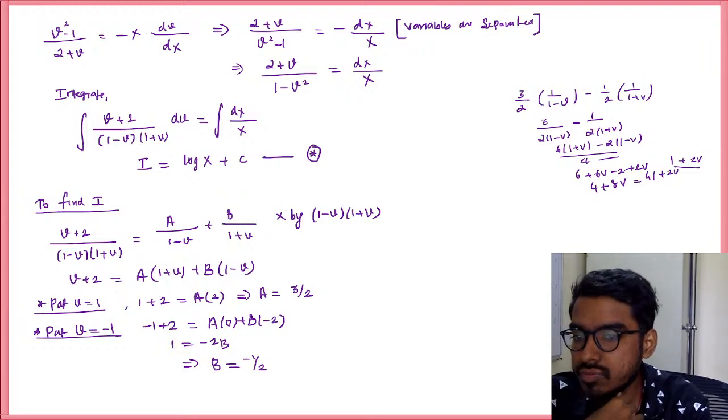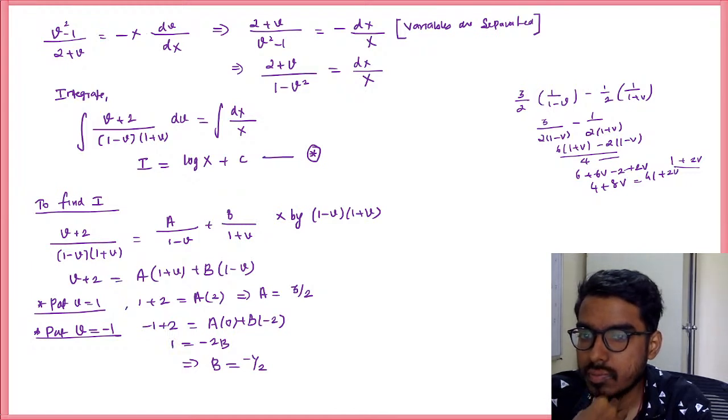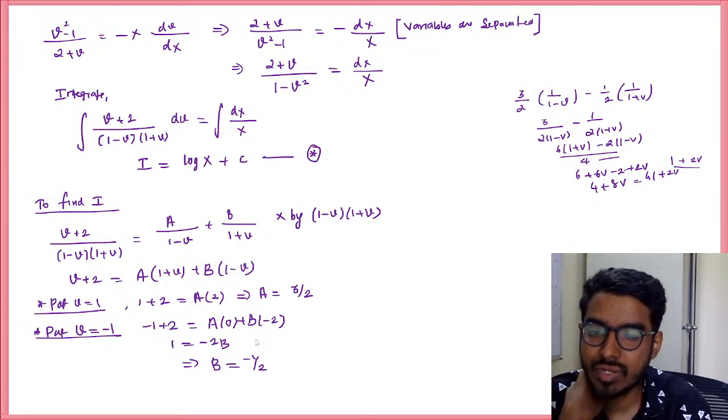So b plus 2 divided by... okay, sorry. Here I made a mistake, right?